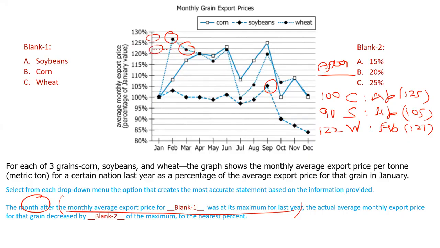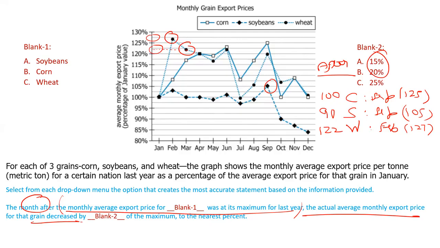Now what do we do? The actual average monthly export price decreased by, how do we find out the decrease in corn? Now notice we are talking about percentages here. Obviously the entire question is in percentages.